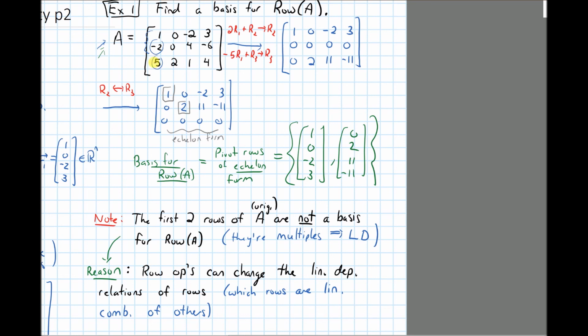And I forgot to mention, the third row is not a multiple of either the first one or the second one. But when I went from this step to this step, I interchanged the third row and the second row. So the row that had started off being a multiple of the first row got moved to a different position. By the time I ended in echelon form, the first 2 rows were no longer multiples of each other. That can happen when I do row operations. And that's the reason why, when we find a basis for the row space, we have to look at the pivot rows in the echelon form and not the original.